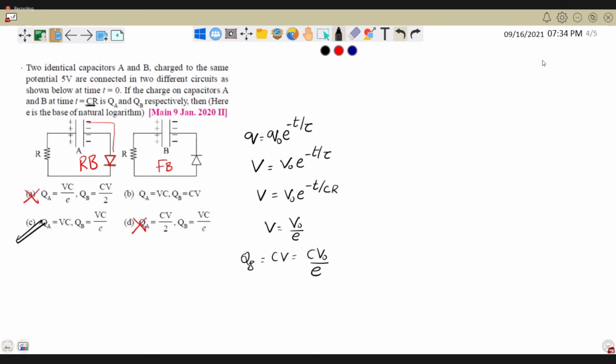To remember, the charging and discharging of capacitor formulas and all that.